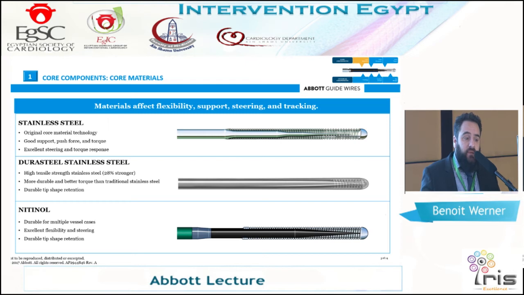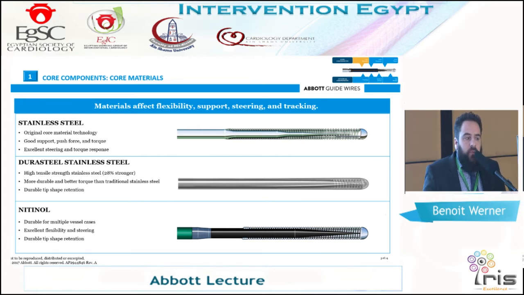It means that you have less support, more flexibility, but it's a choice in your access strategy. On the other hand, a larger diameter will provide you more support, more torque, but again, it depends where you want to go, which kind of lesion you want to access and cross.